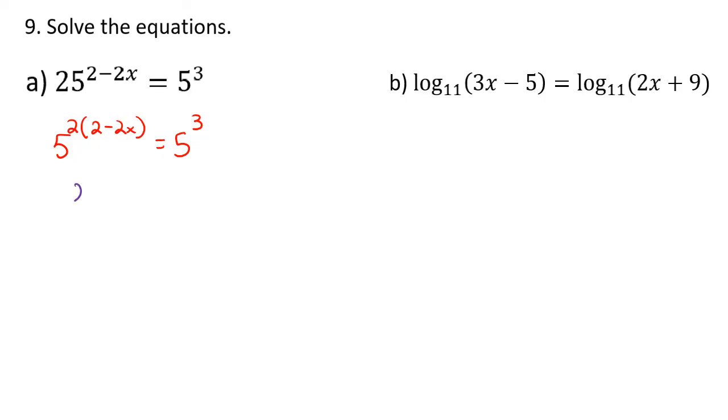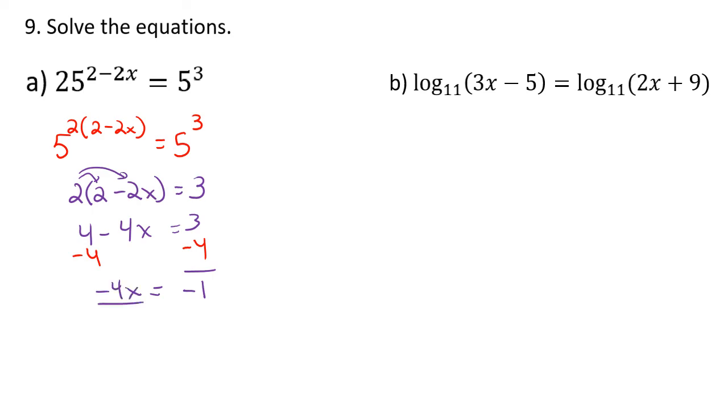And we can just set the exponents equal to each other and solve that equation for x. So 2 times 2 and 2 times 2x, I'll have 4 and negative 4x equals 3. I will minus this 4 over, and I will get negative 1. Then I'm going to divide both sides by negative 4. So I have x equals 1/4.